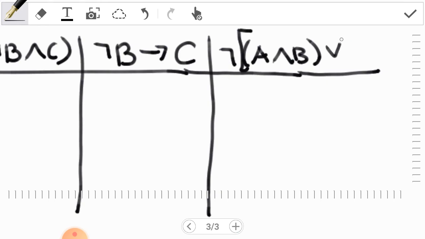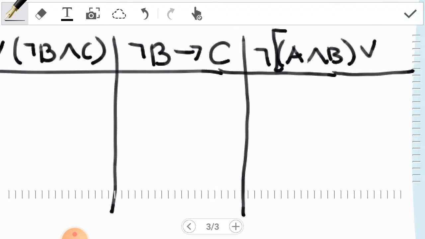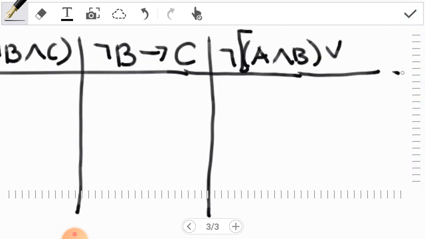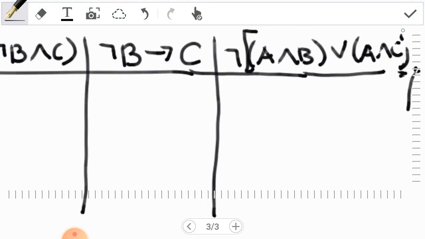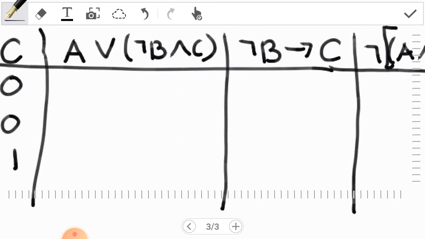So, we now use or, A and C. So, it is impossible that A and B will open the door or A and C will open the door.